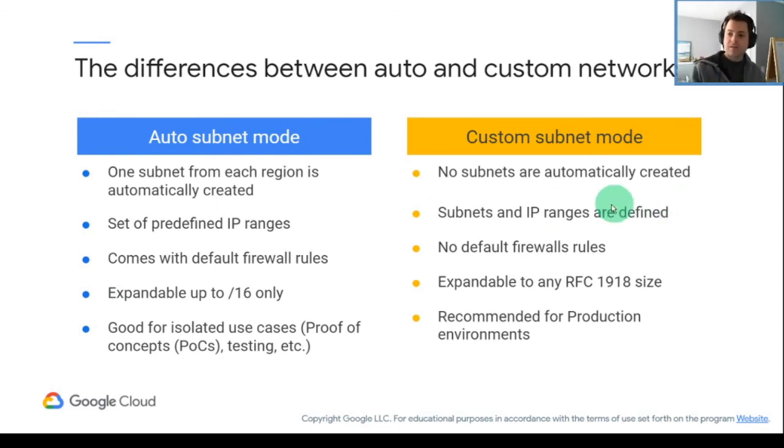You can go the custom route too, where all of these subnets and ranges are defined by you, the administrator. There is no default firewall specified either, meaning that you have to go in and create the firewall, which generally is what you want because you know which ports should be open and which should be closed. Ideally, they should all be closed, and then you open up the ones that you need.